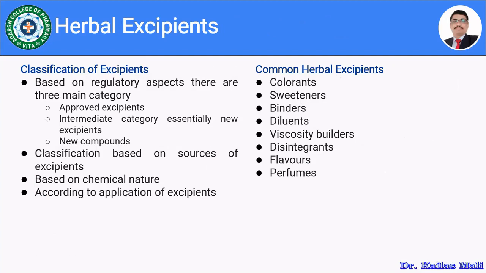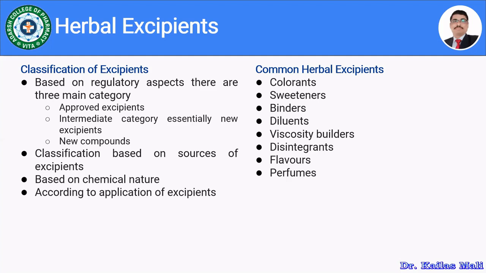Let us see the classification of herbal excipients, how the herbal excipients are classified. It is going to be classified on the regulatory aspects, according to source of excipient, according to chemical nature of excipient, and according to its applicability.